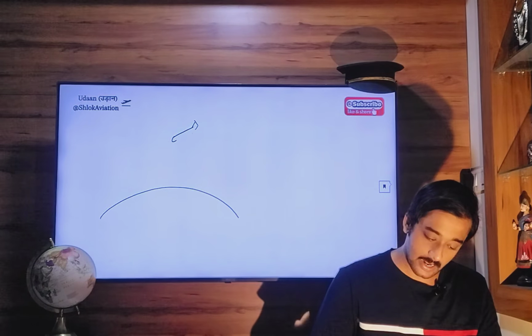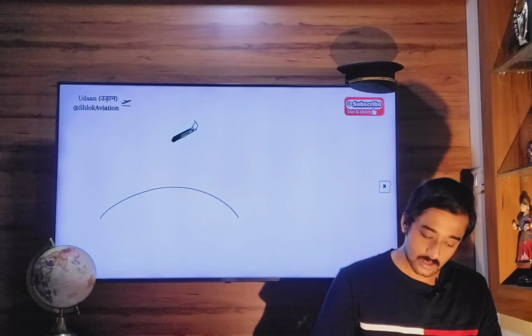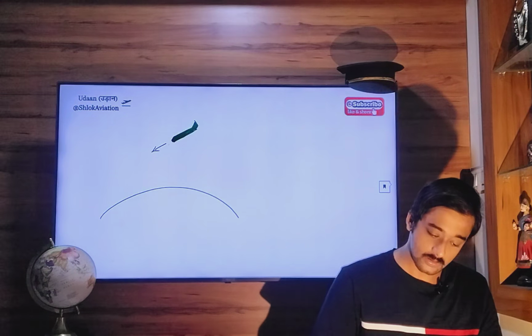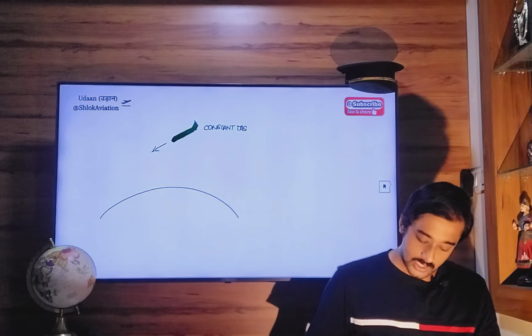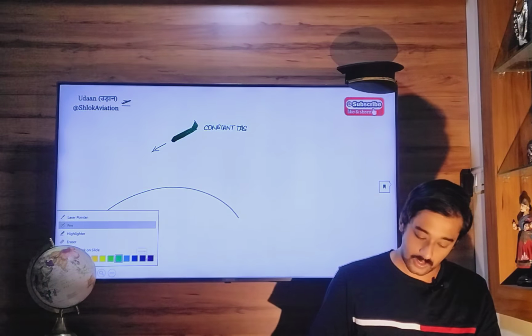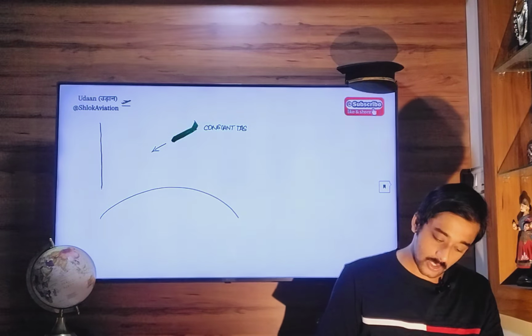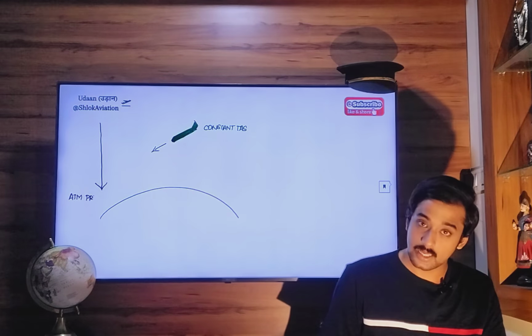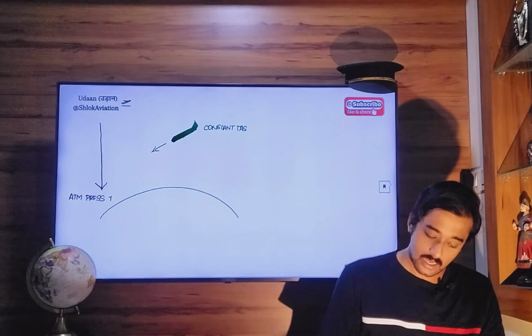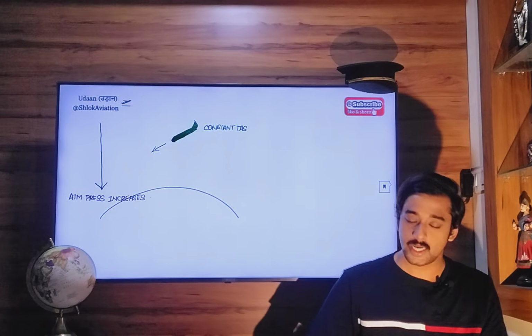You are descending at constant true airspeed. Now, when you descend to lower altitudes in the atmosphere, what happens to your atmospheric pressure? Atmospheric pressure increases.